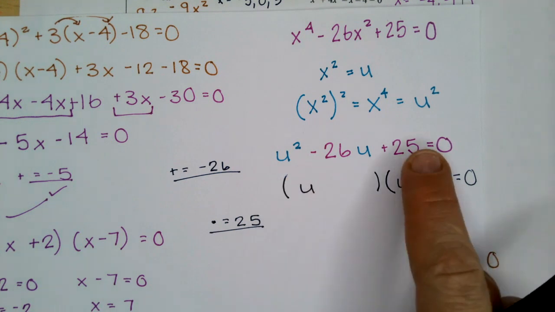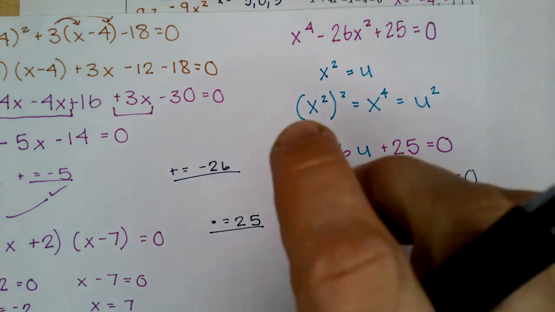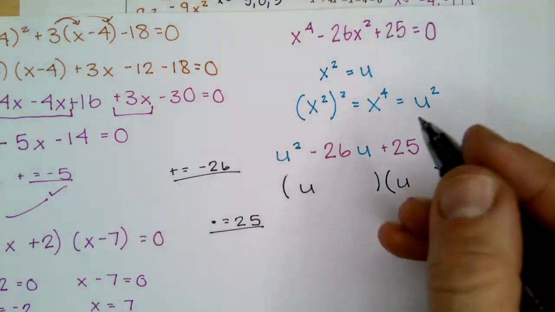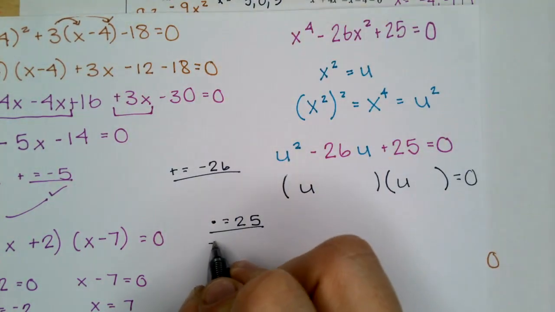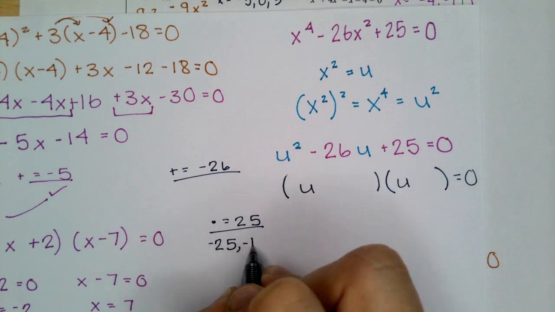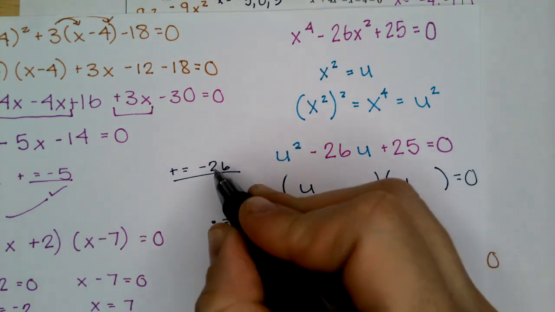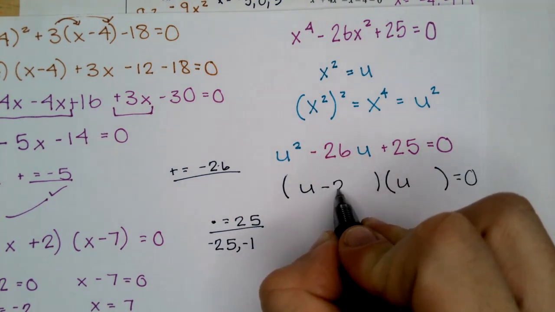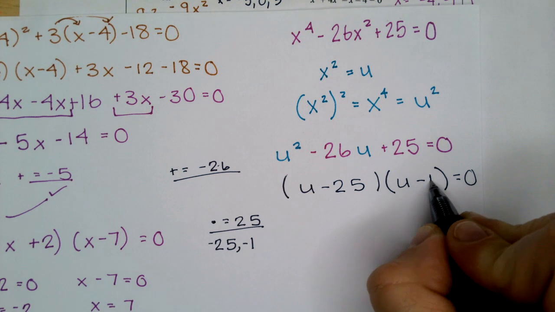It's not an x, but besides the variable being a u and seeing what was above it, we know what to do, right? Multiplies to 25, adds to negative 26. It's going to be negative 25 and negative 1, right? If I add those together, I get negative 26. If I multiply them, I get positive 25. So u minus 25, u minus 1.